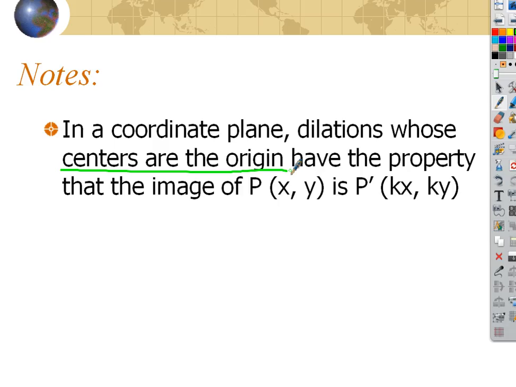If I want to find the new coordinates after the dilation, all I'm going to have to do is multiply both the x and y values by k, the scale factor, because it's going to proportionally either pull that point towards the origin, if it's a reduction, or push it away from the origin, if it's an enlargement, by the same factor, right? Let's look at one example of that.